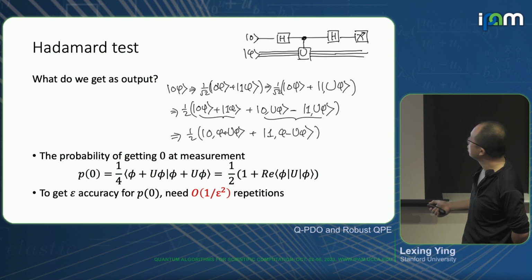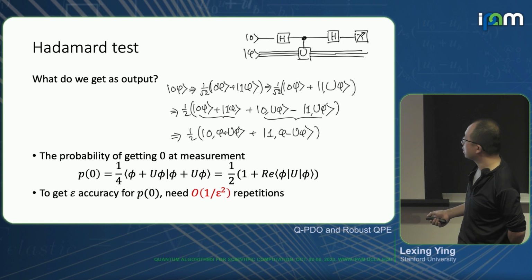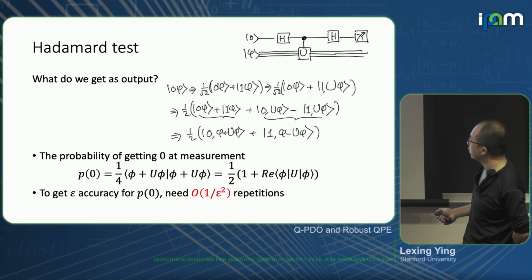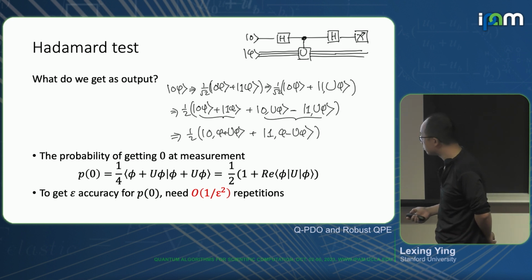Now if you do the measurement, it collapses into the phi plus U phi state with probability 1/4 of phi plus U phi dot product phi plus U phi, and this is equal to a half of 1 plus the real part of phi U phi. So therefore P0 in fact contains information about the real part of this eigenvalue. Because the measurement itself is noisy, in order to get epsilon accuracy for the real part, you need order 1 over epsilon squared repetitions.